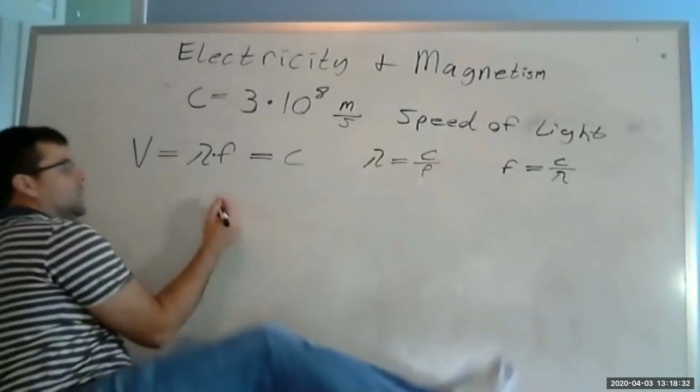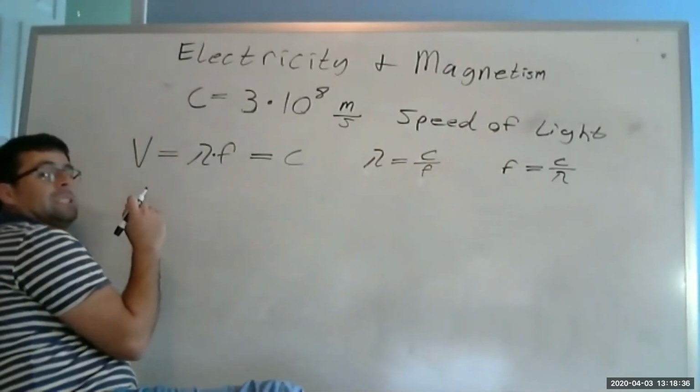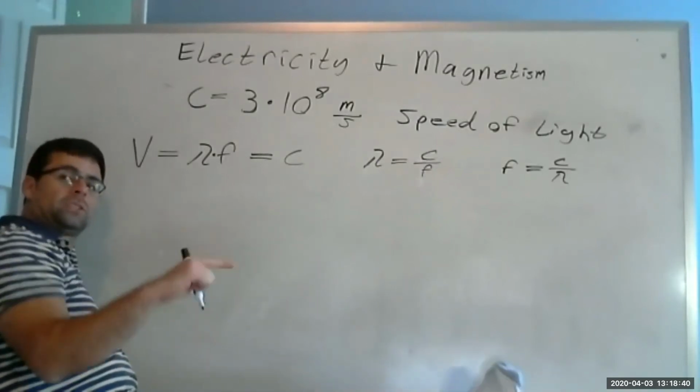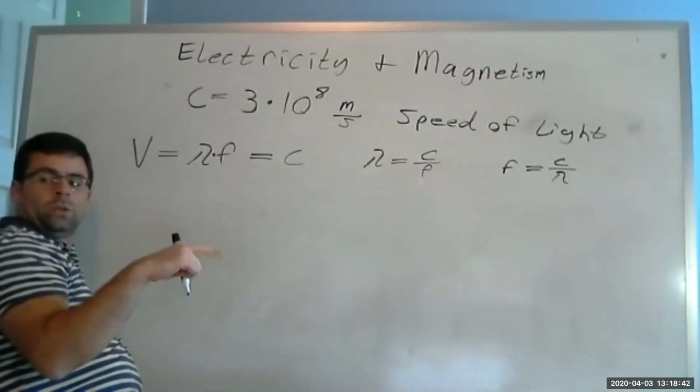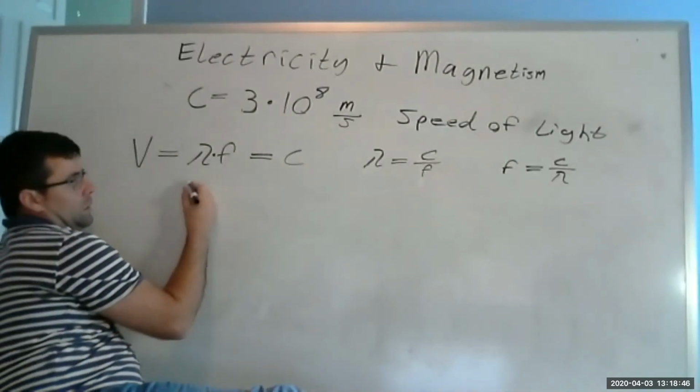Electricity. k. It's not k. That's close. k is a simplified version of it, but it's the other one.